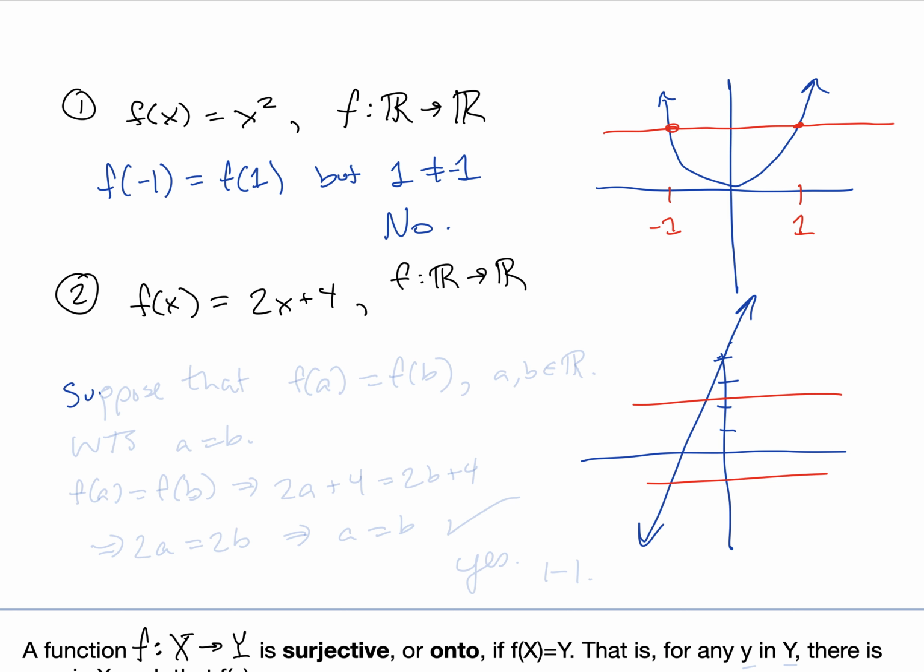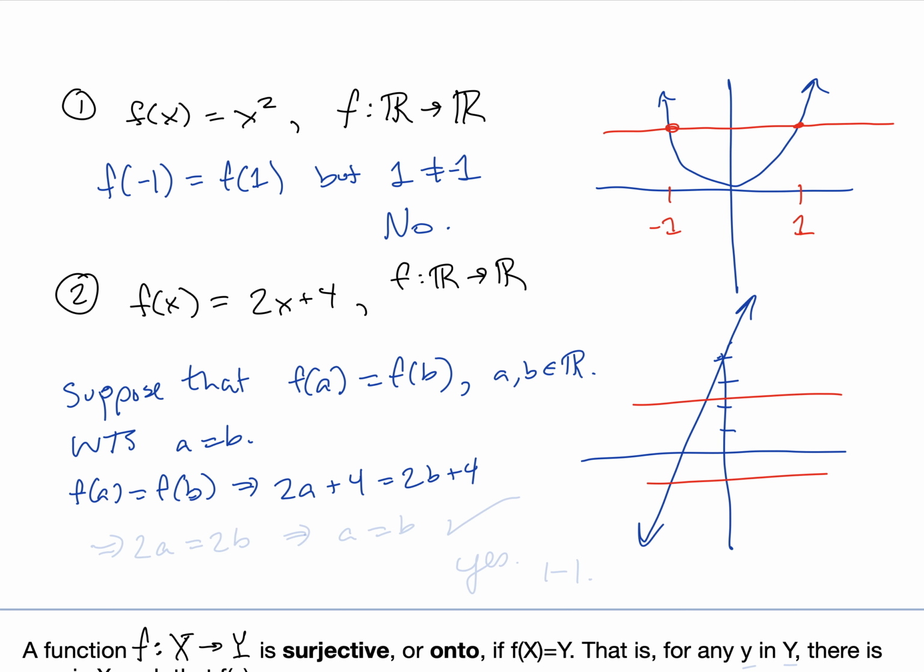So we're going to suppose it's the case that f of a is equal to f of b for some real numbers, a and b in the real numbers. And we want to show that that means that a is equal to b. So let's try to do that. Since f of a is equal to f of b, that then implies that 2a plus 4 is equal to 2b plus 4.